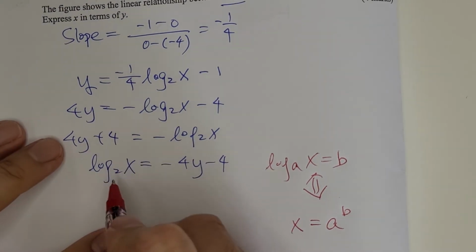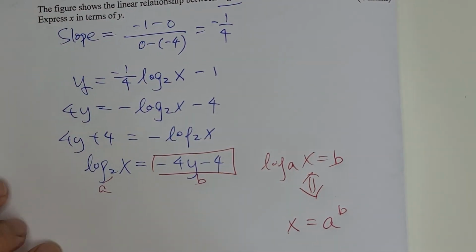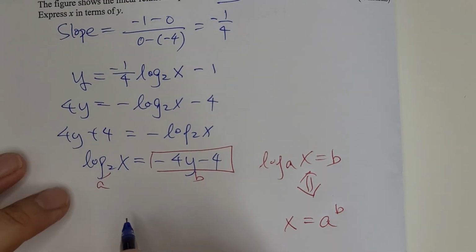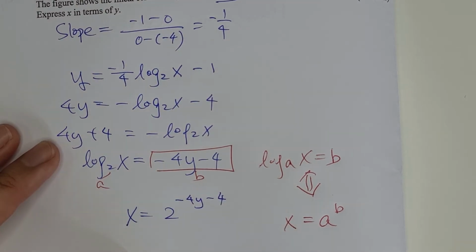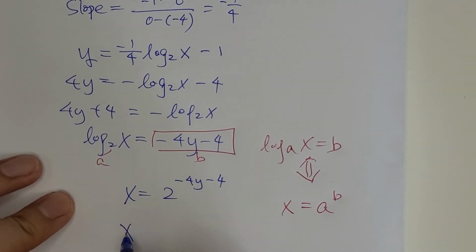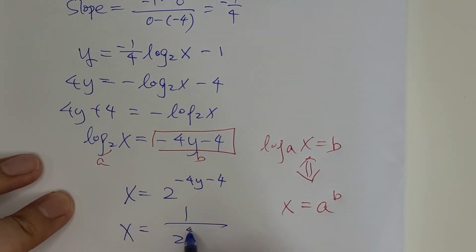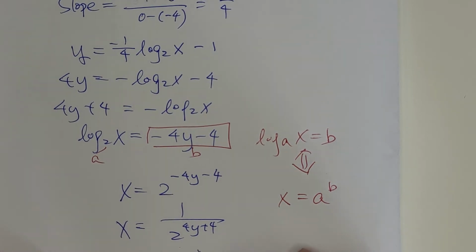Okay, in here that is your a. Here the whole expression, that's the b. So we can write down x equals 2 to the power negative 4y minus 4. If you want to present it in the positive index, x equals 1 over 2 to the power 4y plus 4. Okay, so that's the end of question number 15.